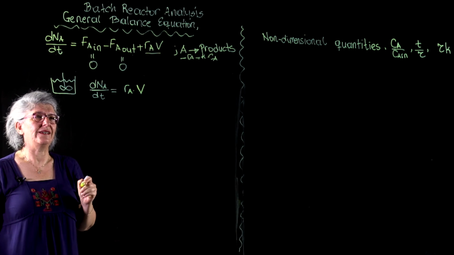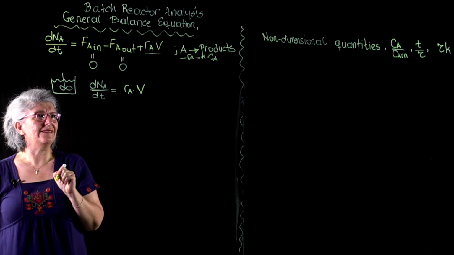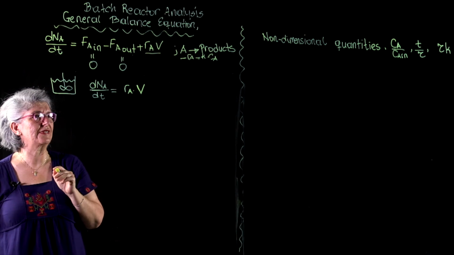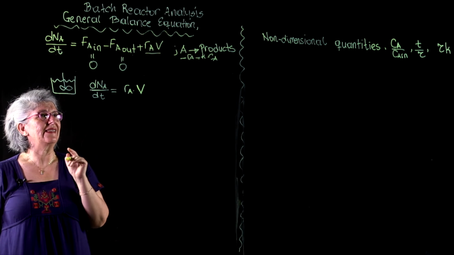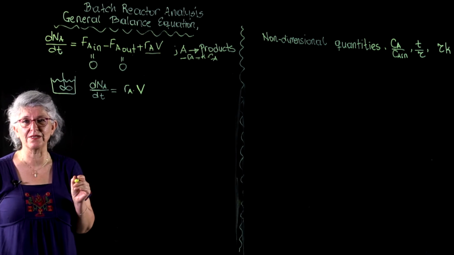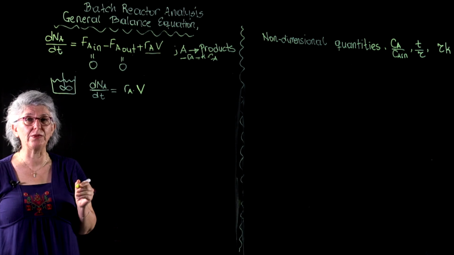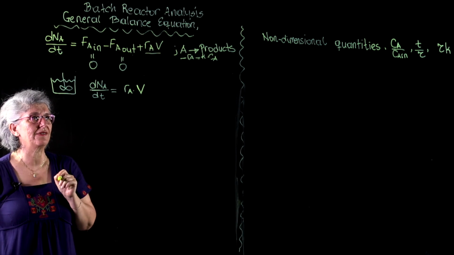And again, this reactor has a constant volume process because of the time evolution of the reaction. Density doesn't change. Remember that there are certain reactions where densities can dramatically change, such as polyurethane synthesis, but this is not such a reaction.